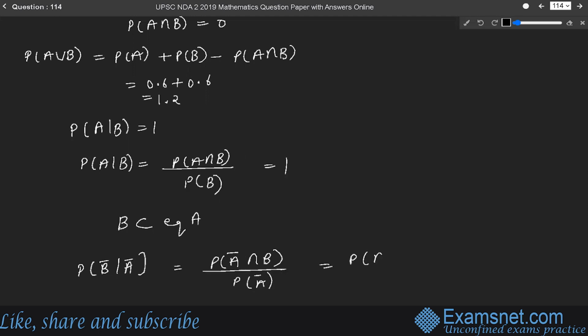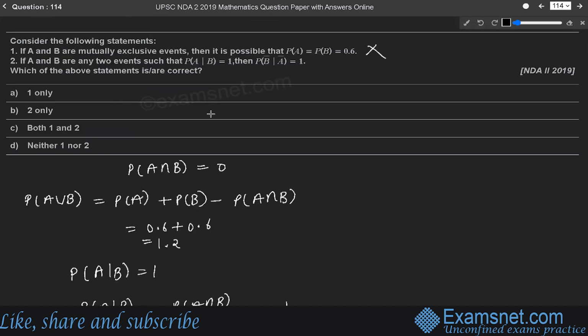So it will be P of A union B whole complement divided by P of A complement, which will be equal to P of A complement divided by P of A complement, which is equal to 1. Hence, we can say that statement 2 is correct. Therefore, the correct option is option number B, which is 2 only.